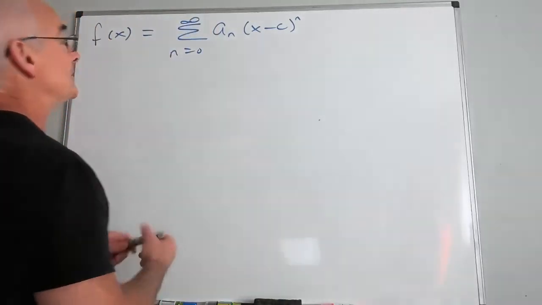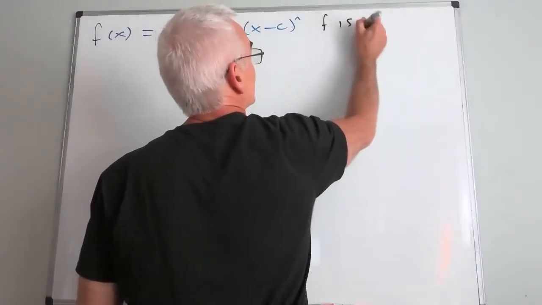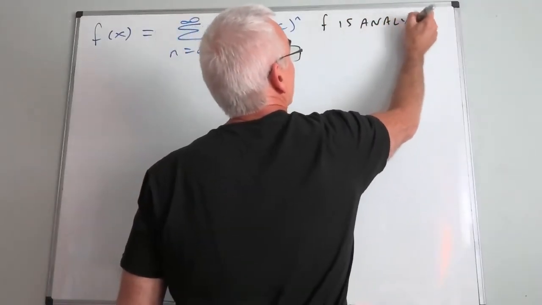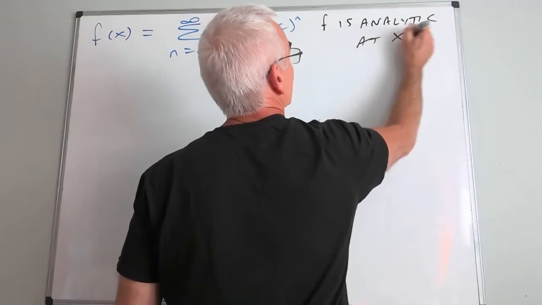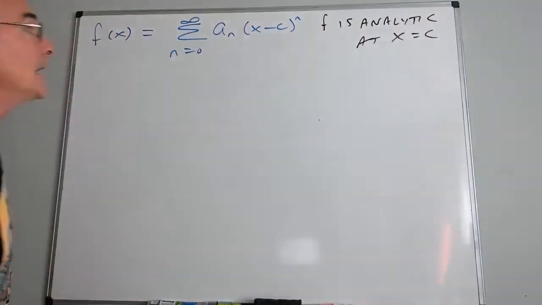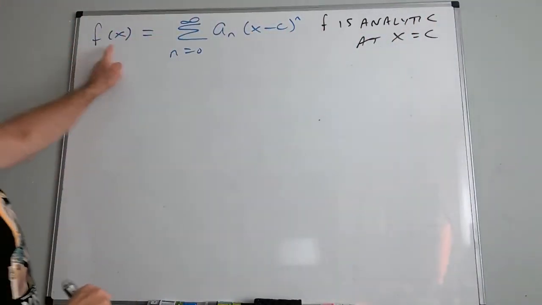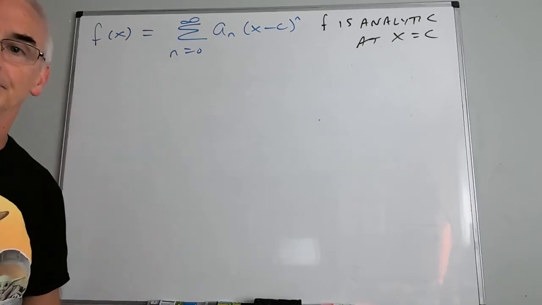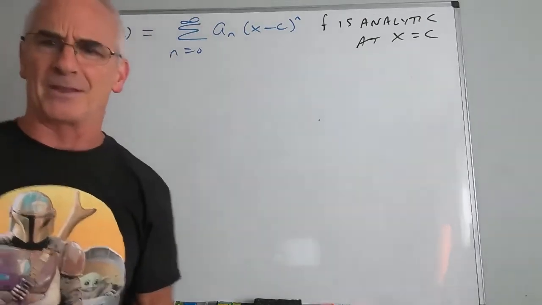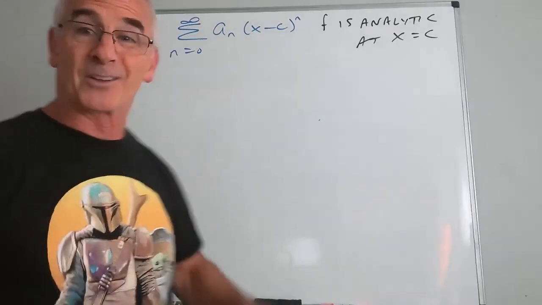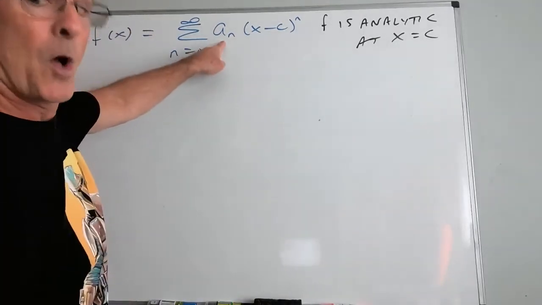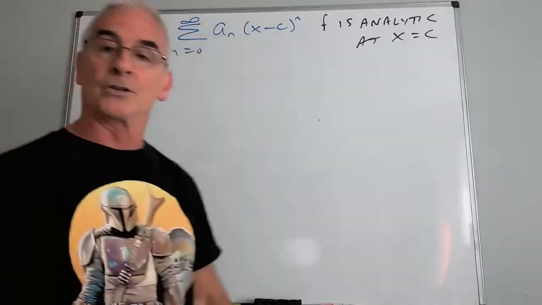So that means that f is analytic at x equals c. I'm claiming that there is a power series out there. Well, that makes it easy. The question is, what are those coefficients? So here's what we're going to do.